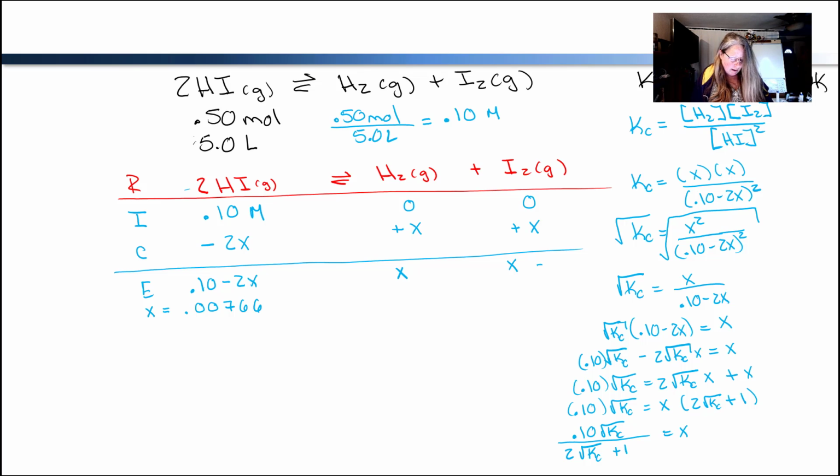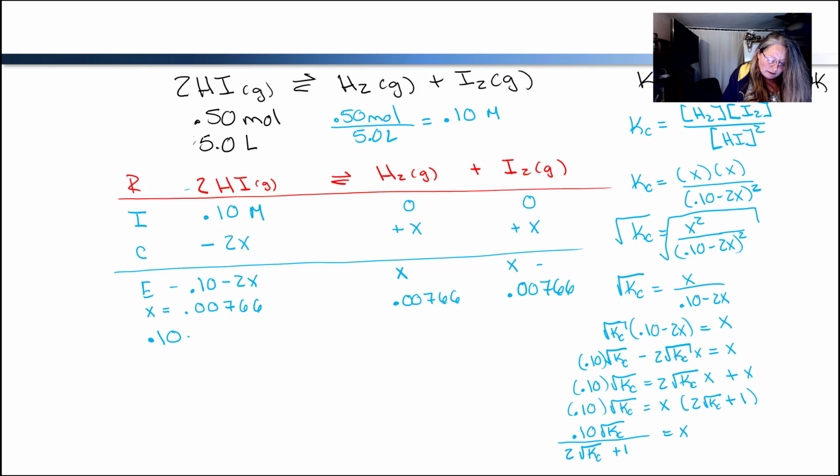All right. This is then the change in the molarity that we have. That tells me what the concentration is here. So I know this. I don't need to do any more math with it. And these are both the same, 0.00766. My equilibrium concentration for my HI, though, I want to go ahead and do this equation. I already wrote the math out, so I just need to put in my numbers.